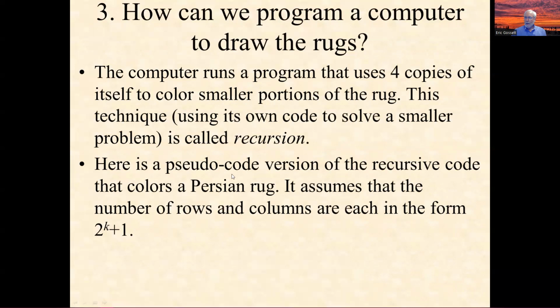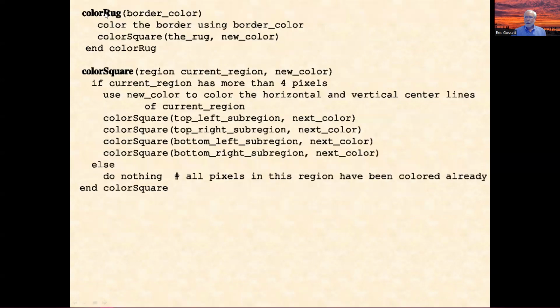I'm going to use a high-level description called pseudocode to describe this recursive code that colors a Persian rug. And it does assume that there are 2 to the k plus 1 rows, 2 to the k plus 1 columns. The code consists of 2 programs, a main program color rug and a helper program color square.